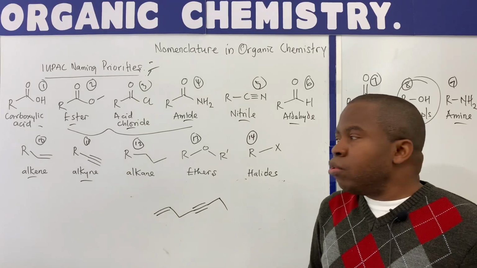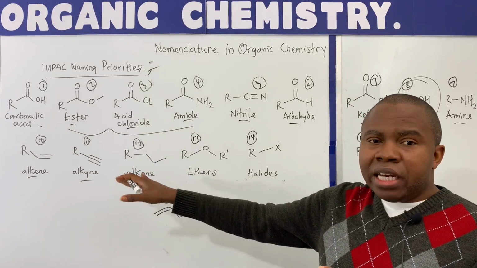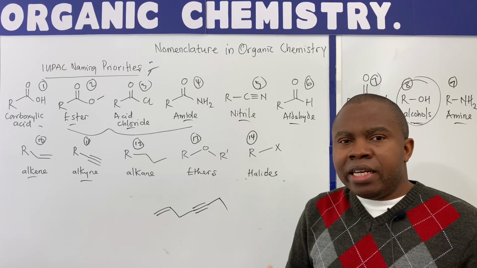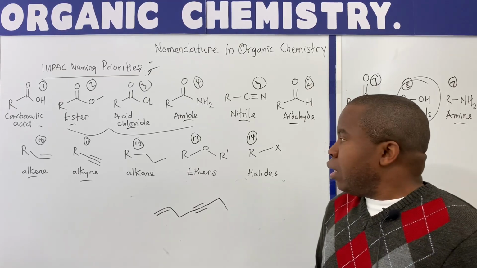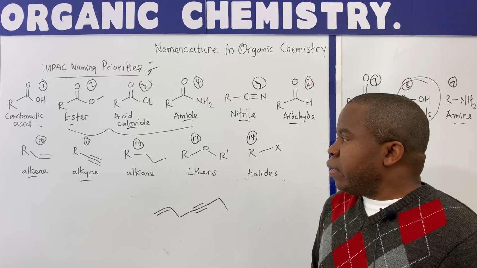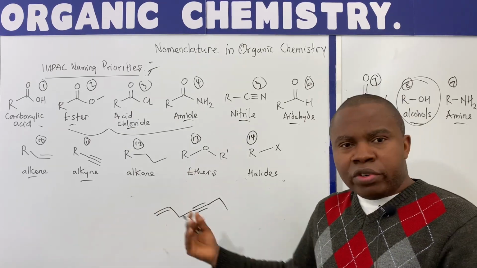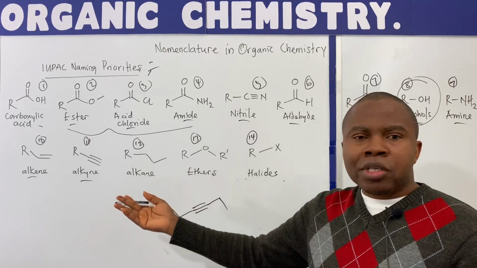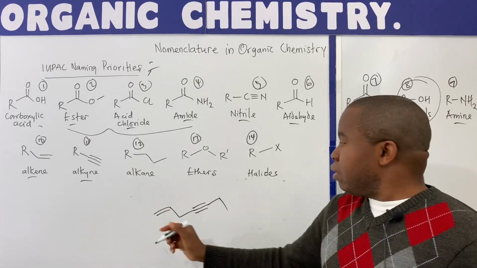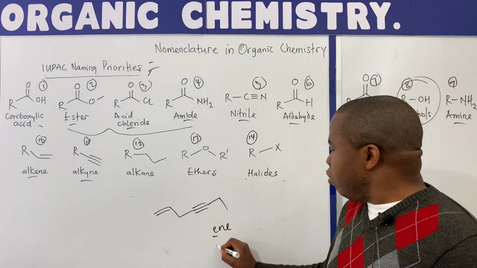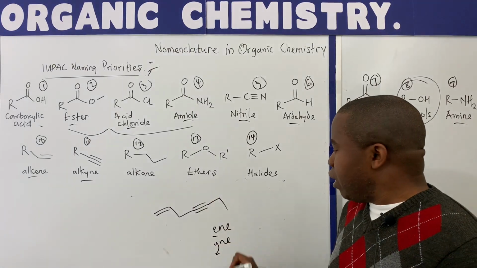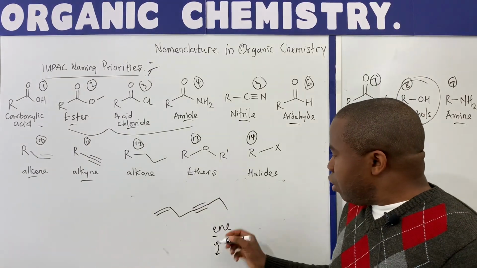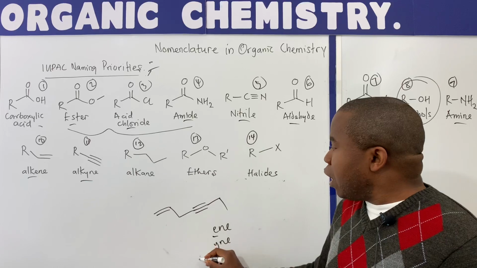So what we're trying to say for the case of the alkene and the alkyne is that, of course, the parent name is still going to have both the alkene and the alkyne in the nomenclature, but the alkene will come before the alkyne, and it's pretty much because E comes before Y in the English alphabetical ordering, and so that's why we often prioritize alkene before alkyne.